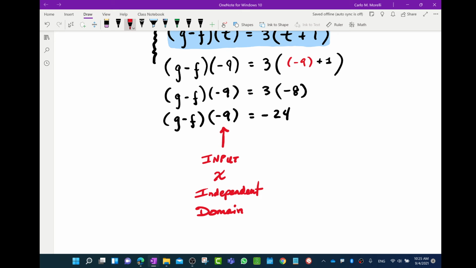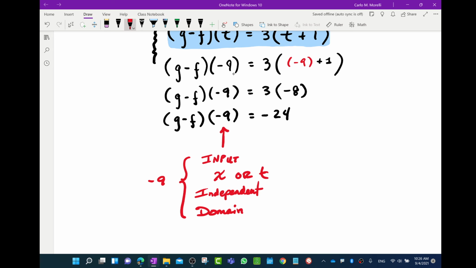These are all words that describe negative 9. In this case they were using the letter t. Whatever, all right?